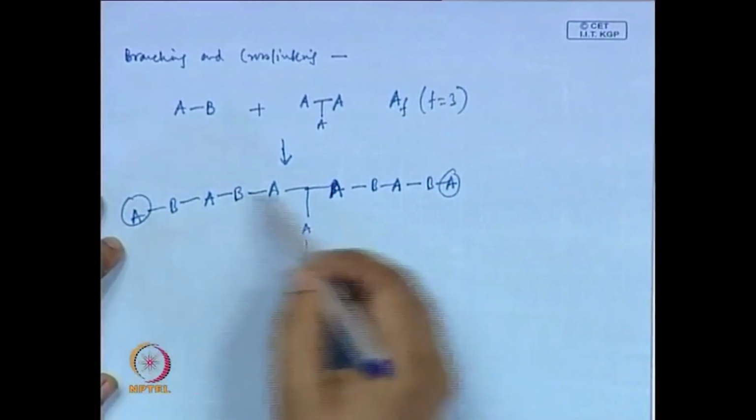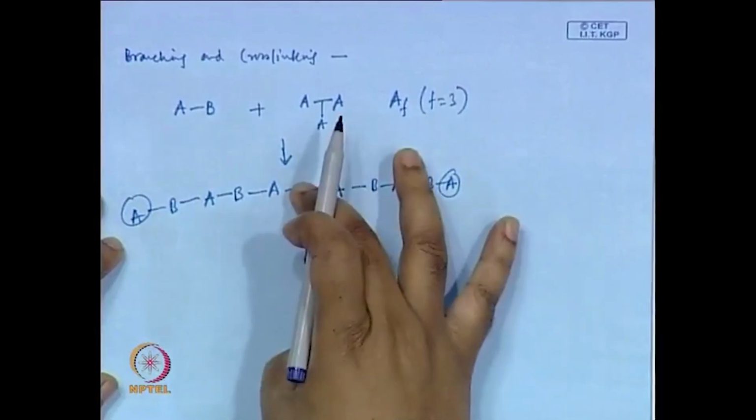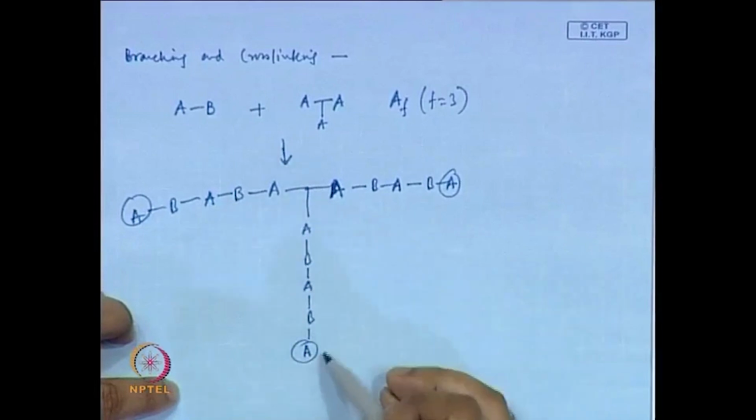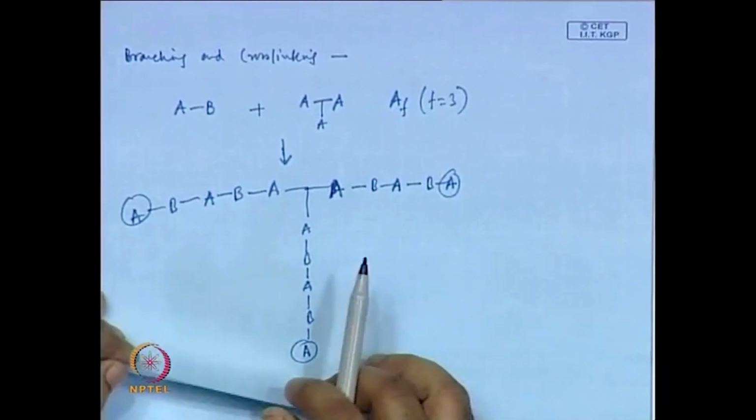Cross linking is when you have a connection between two chains. If I had a chain here, then this would have been a cross link. So, let us take another example.